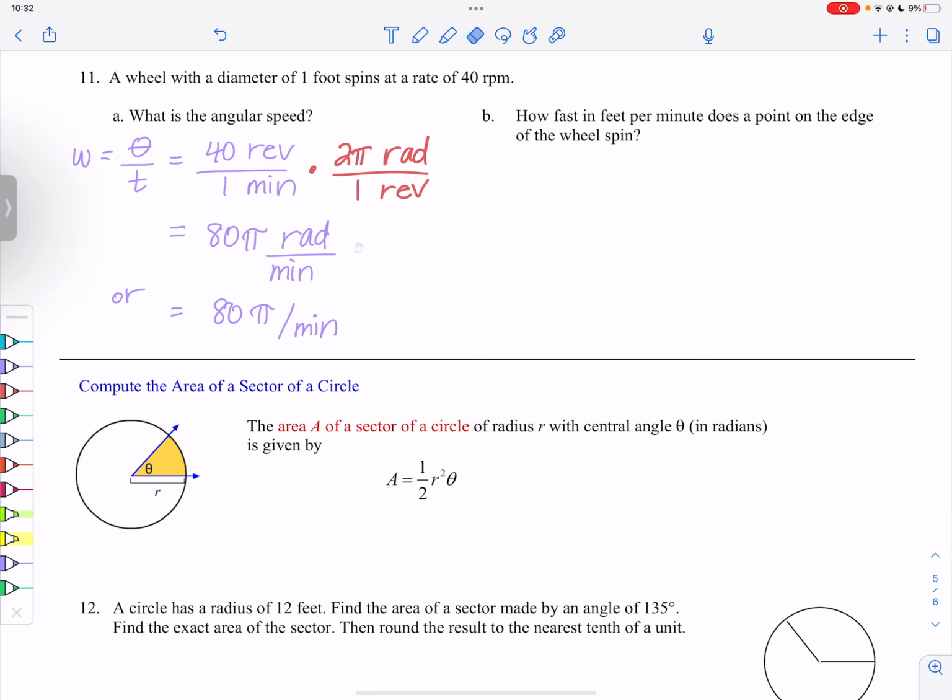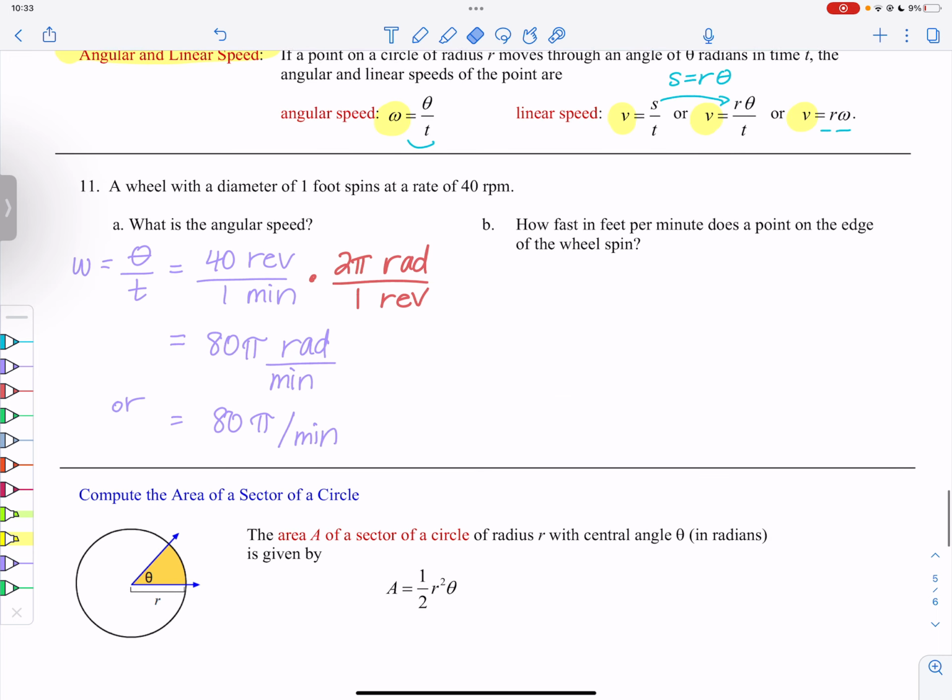Okay, let's look at B. How fast in feet per minute does a point on the edge of the wheel spin? So now we are looking for linear speed, okay? So if we're on the edge of the wheel, that would be our linear speed.